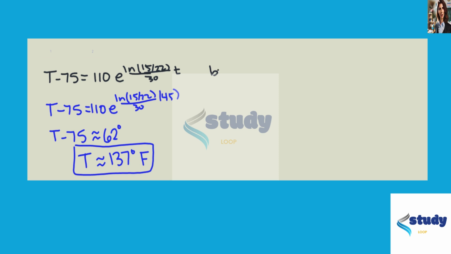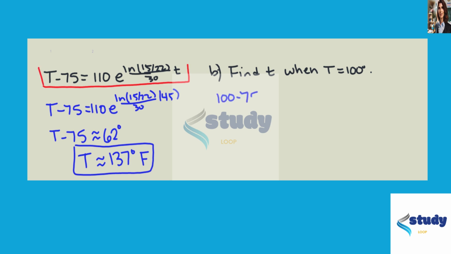So in this part, we're figuring out the time when the temperature is 100 degrees. So we can take the same model, which we have right here, and we can substitute 100 in for capital T, and we're going to solve for lowercase t.